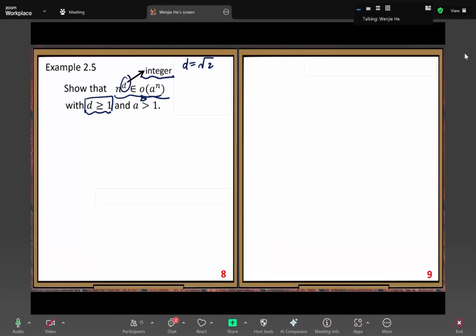Integer is the simplest case. How about we work on the integer case first? So we make our assumption.